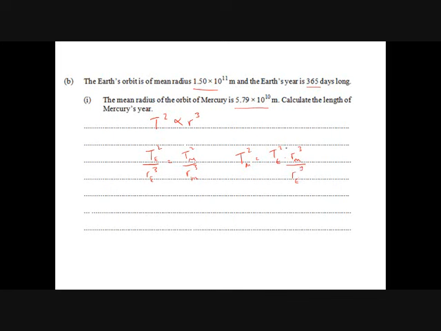The easiest way to do this is to make the time of the Earth 1, as long as we're doing it in Earth years, that's okay. They've given us 365 days. Perhaps we should do it in 365 days, keep them happy.